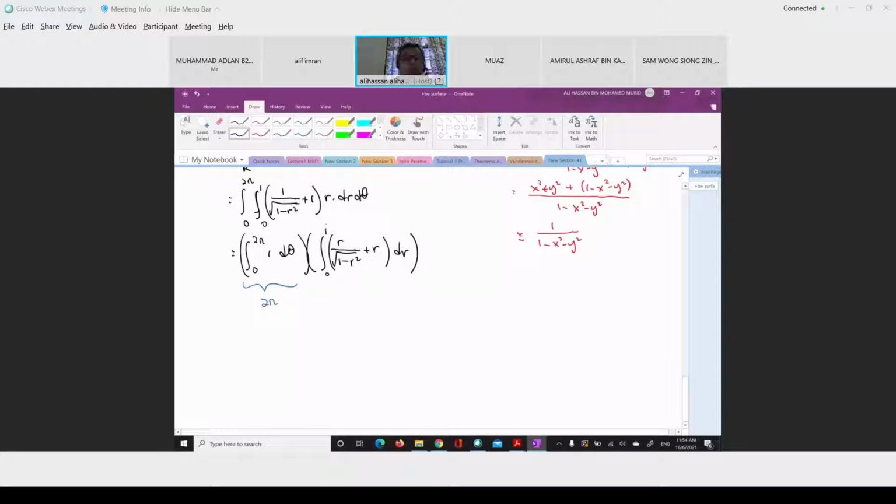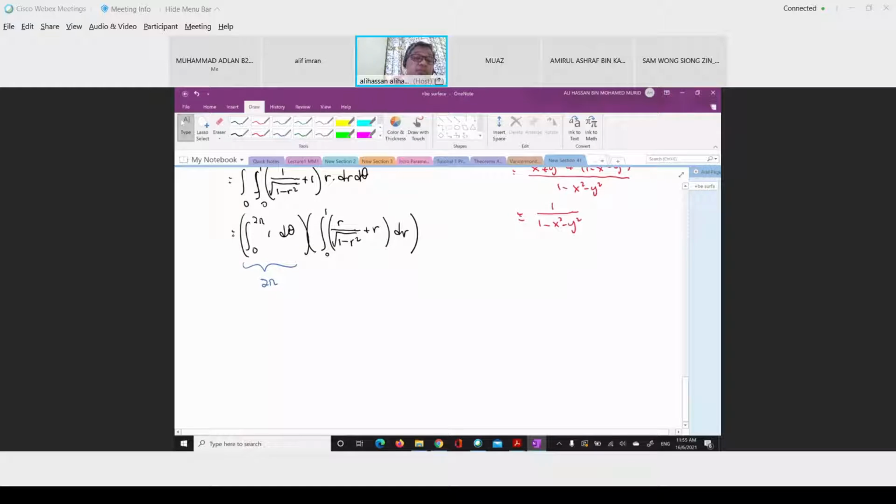How to evaluate this integral with respect to r? Let's calculate it separately. You can write this as two integrals, isn't it? The integral of r over square root of 1 minus r squared dr plus the integral from 0 to 1 of r dr.